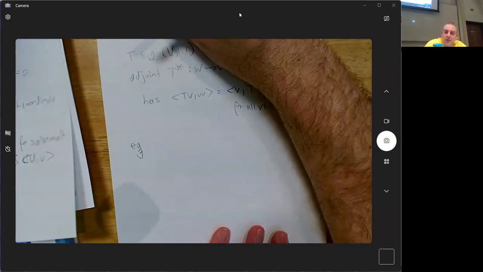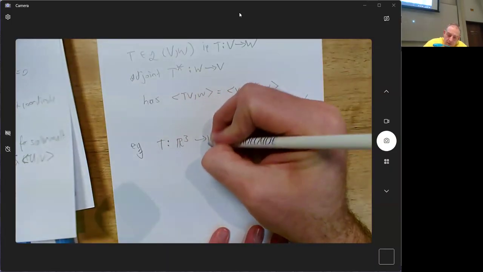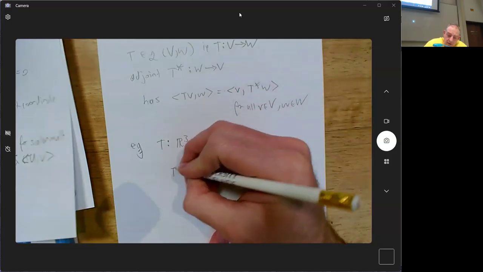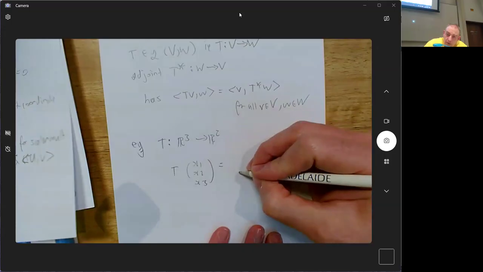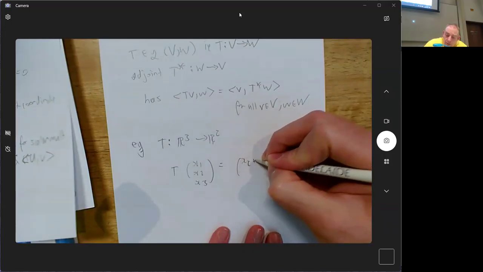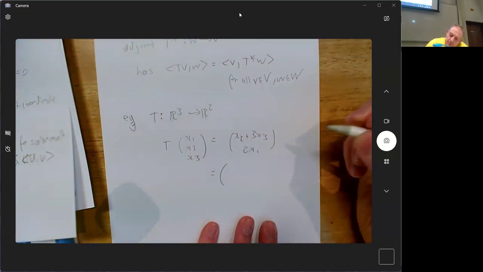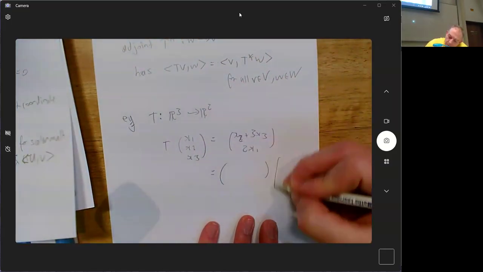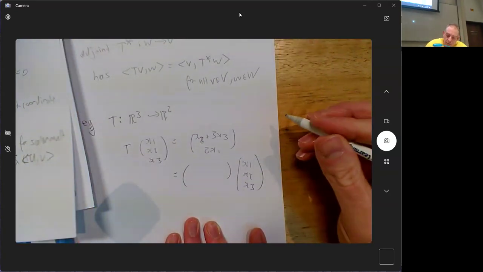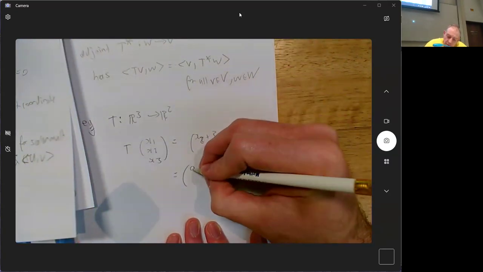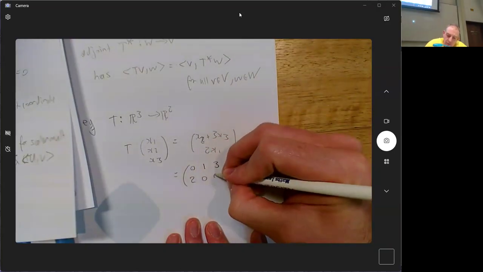So T sends R3 to R2 by T of x1, x2, x3 is x2 plus 3x3, 2x1, which is this matrix. The first row has no x1s, one x2 and three x3s, and the second one has two x1s and no x2s and no x3s.